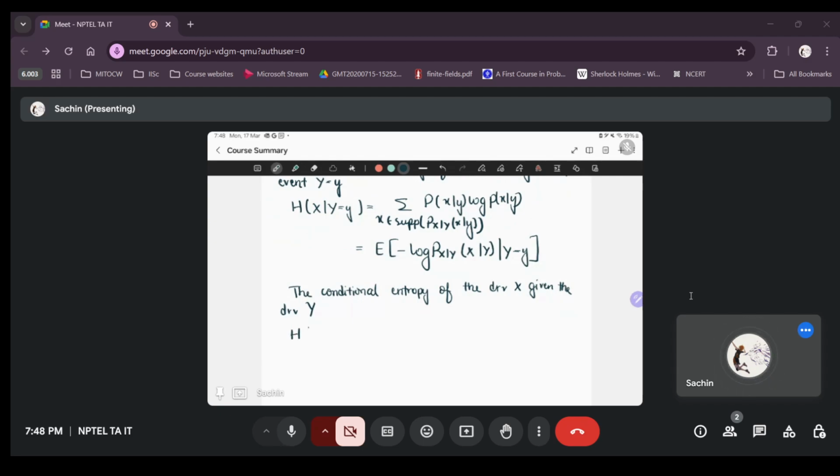So it is h of x given y is summation over all y in support of py, py of y into h of x given y equals y, which can be written as the expected value of minus log of p of x given y of capital X given capital Y.